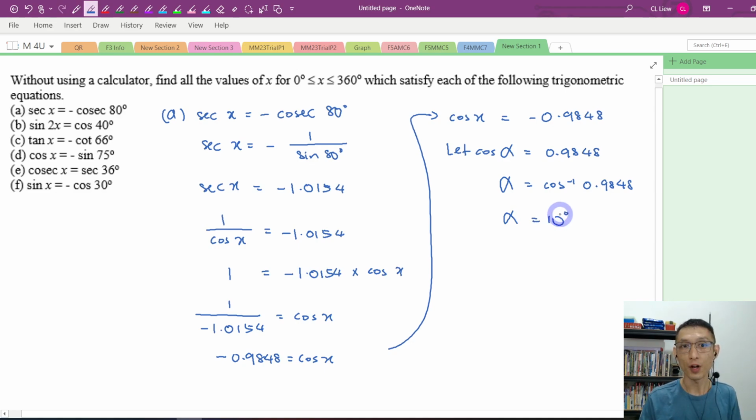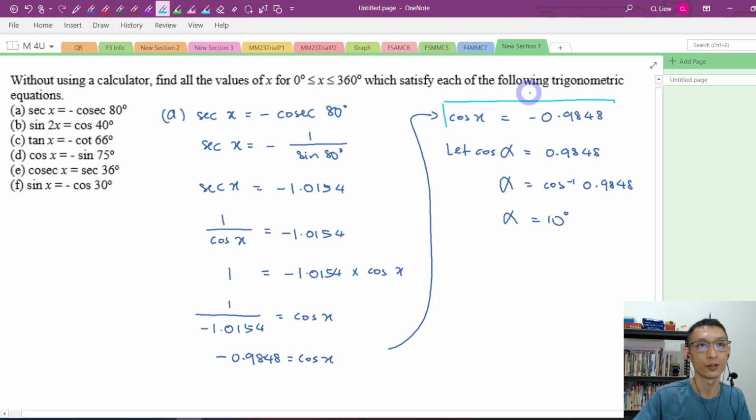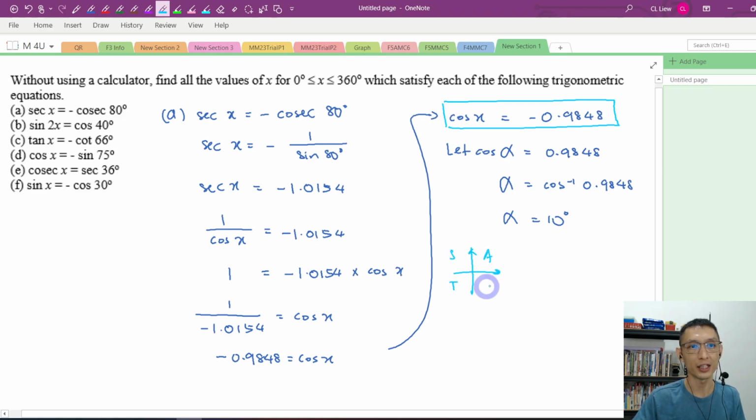Now, once we have the reference angle, let me go back to this one. You will notice that there is a negative sign, right? According to the ASTC rule, if cosine has a negative sign, the angle will be in the second quadrant or the third quadrant.